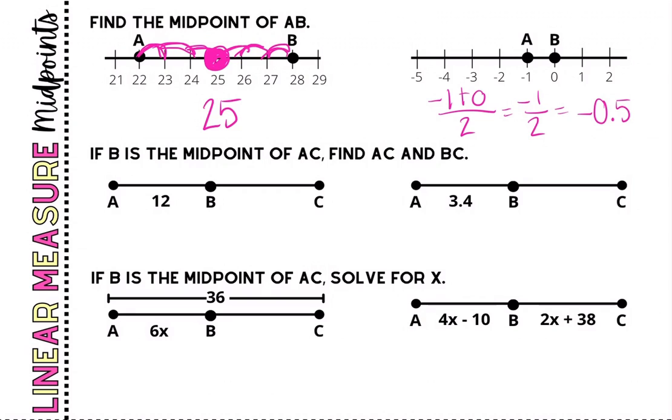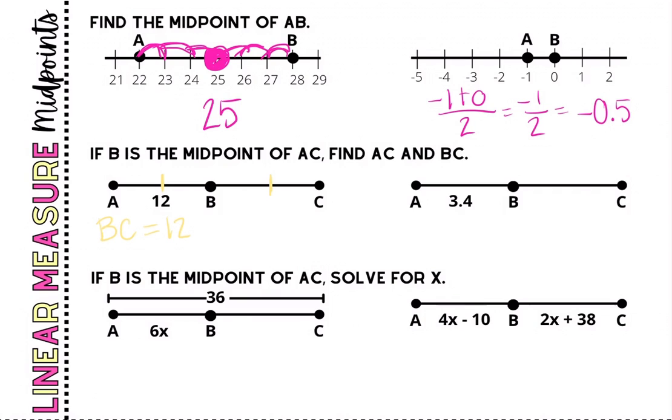The next section is a little bit more of an application. We're probably going to hang out in this third section more than anything, because that's your level of application for midpoint. If B is the midpoint of AC, find AC and BC. Because B is the midpoint, I know AB is congruent to BC, so BC is equal to 12.